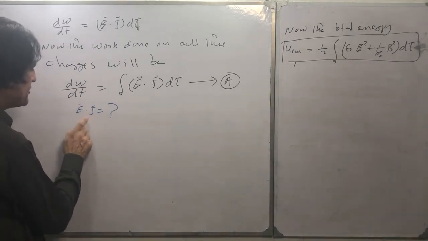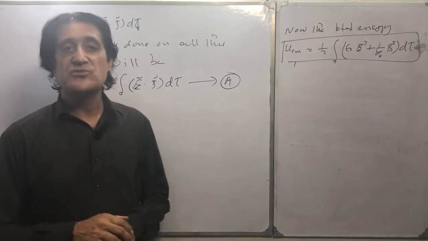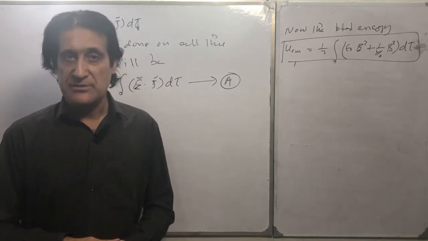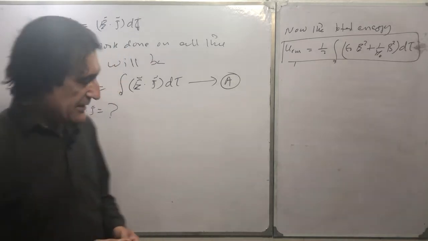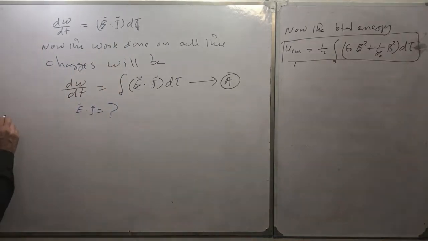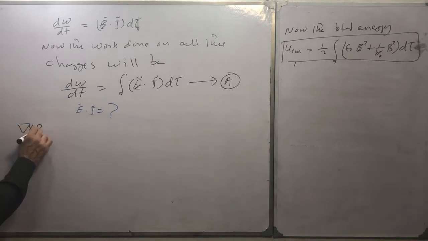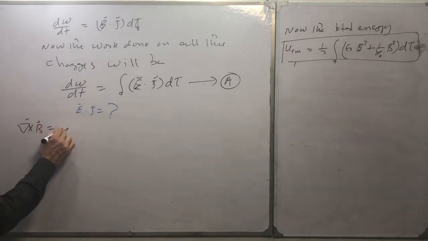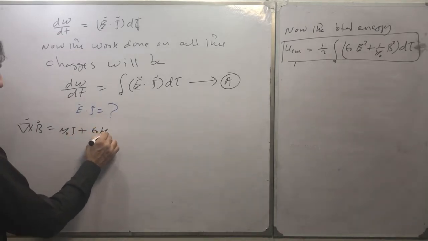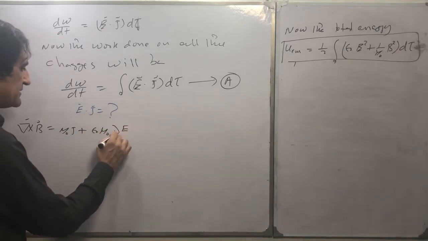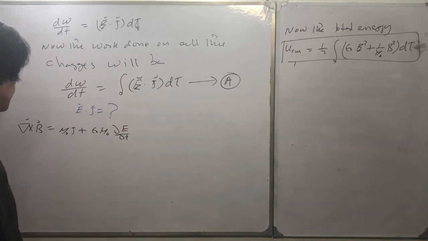We can find J from the Maxwell equations, Ampere's law with Maxwell's correction: del cross B is equal to mu naught J plus mu naught epsilon naught partial E divided by partial t.